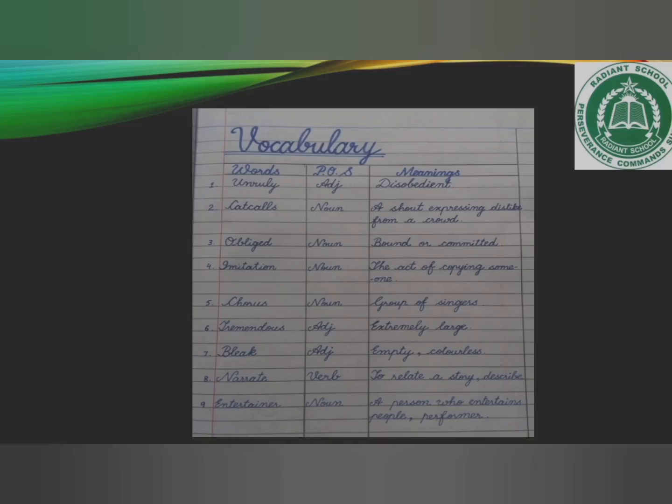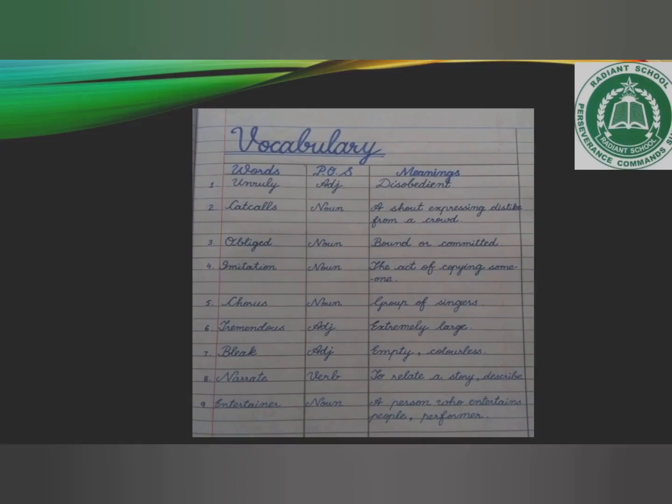On the next page, students, first of all we will give date and day. What is the date today? Yes, 17 December. And today is Thursday. Draw margin.